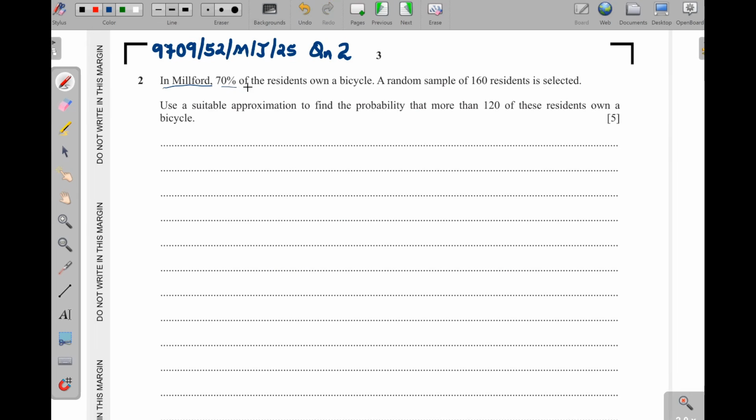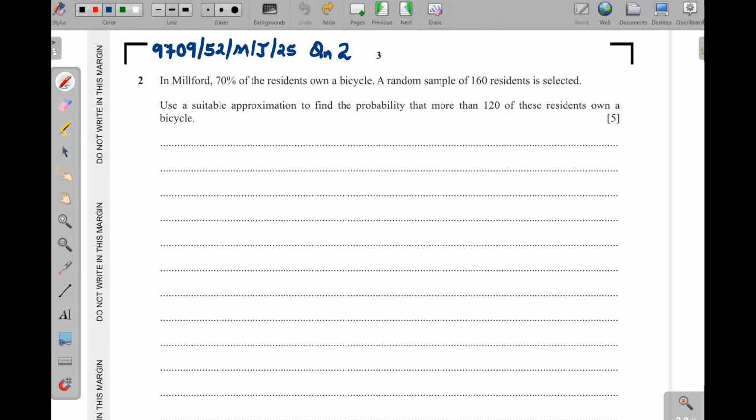In Milford, 70% of the residents own a bicycle. A random sample of 160 residents is selected. Use a suitable approximation to find the probability that more than 120 of these residents own a bicycle. Okay, now this is, first of all, since they have given us the probability of success for those who own a bicycle, this is a binomial, and n is also known, 160.